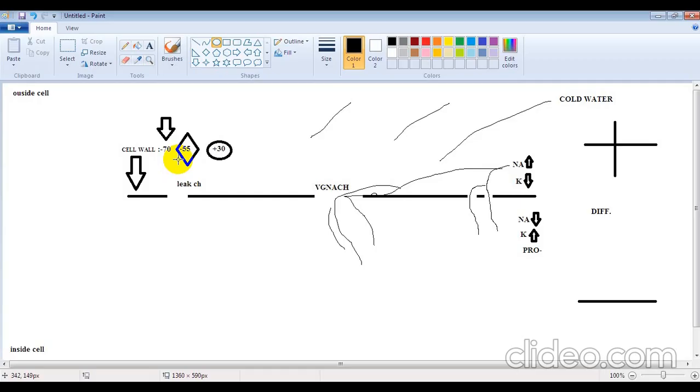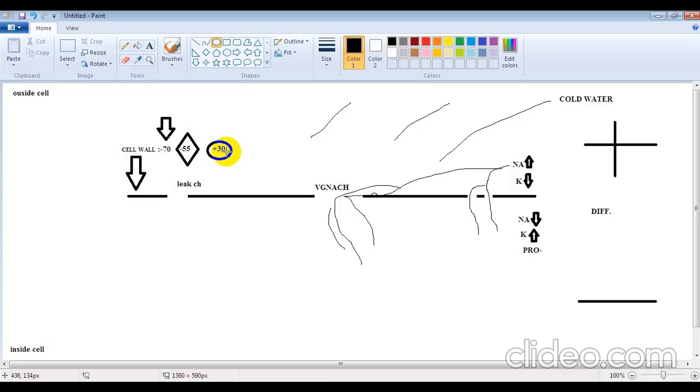At this point, the sodium channel opens. It's called the voltage gated sodium channel, allowing a large amount of sodium to enter the cell and raise the potential from -55 to +30. Now we have sensitivity, now we have pain.